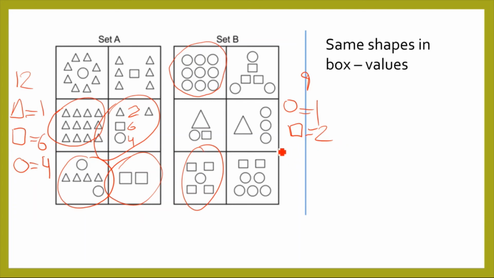And then I can try to identify the triangles, and I can see that there are 3 circles in there and 1 triangle. So that would be 9 minus 3, which gives me 6. So this is how you would tackle a question which includes these same kind of shapes. Whenever you see same shapes in a box, think of values.